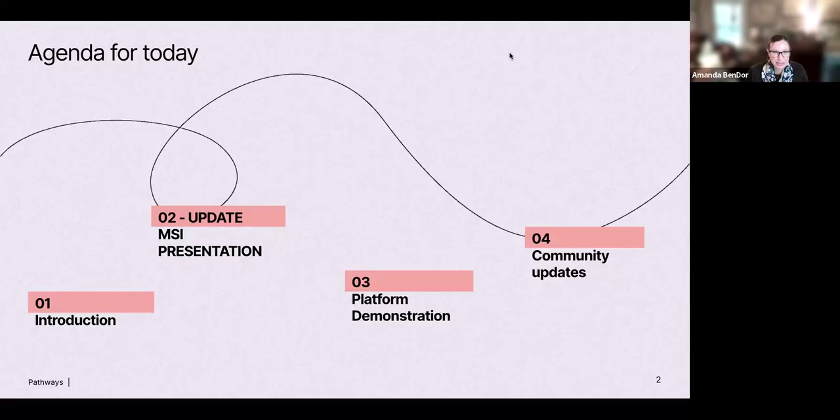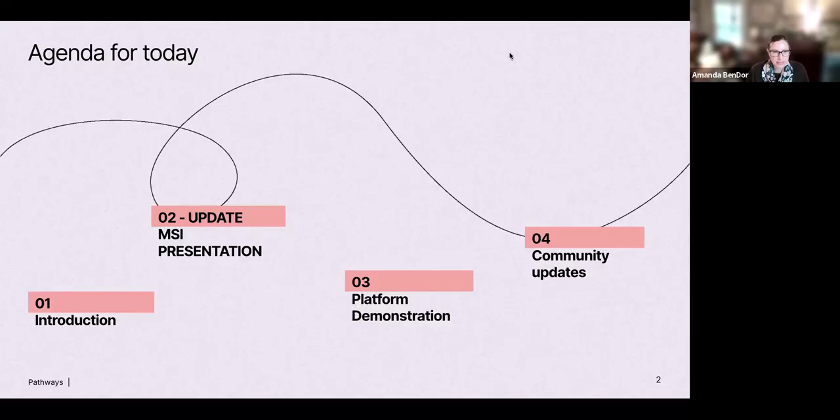As I said, Pratasha will share a demonstration of the platform, and we've even got a bit of homework or extracurricular activity for you all to take with you following the webinar to really practice what you're learning and dive into the segmentation data. And finally, I will wrap us up with just a few exciting updates for the Pathways community.